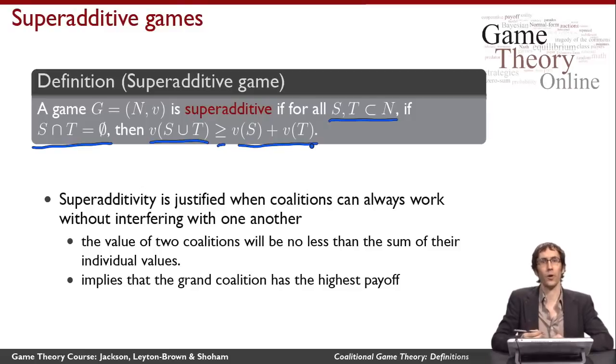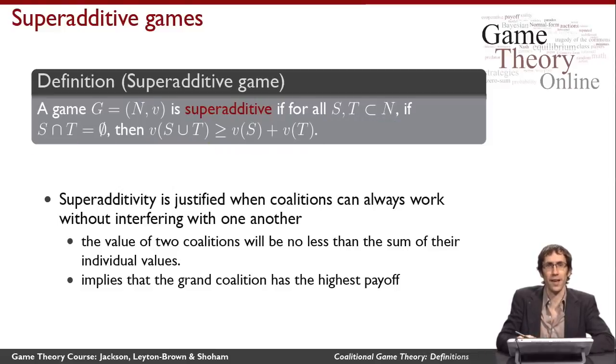So, in other words, if I make a bigger coalition out of two independent coalitions, the value of that bigger coalition is always at least as big as the sum of the values that those two independent coalitions were able to get on their own.